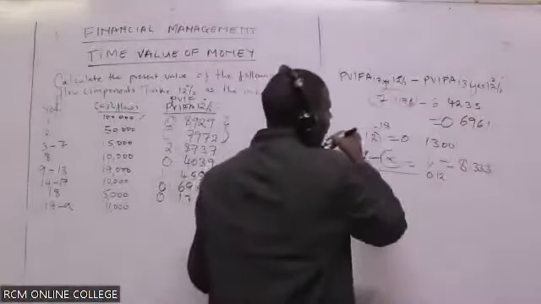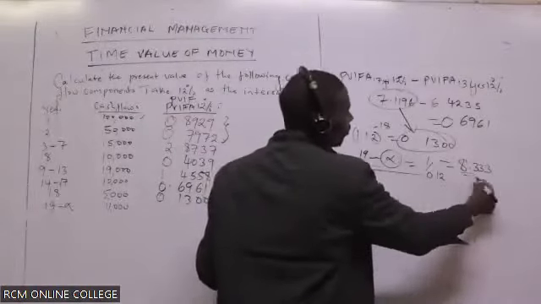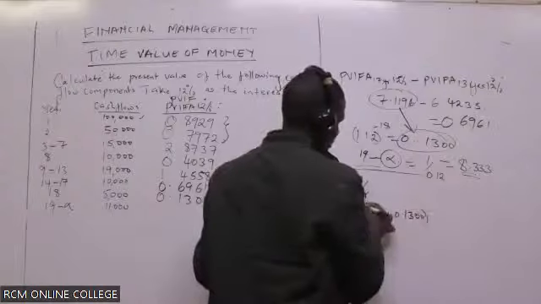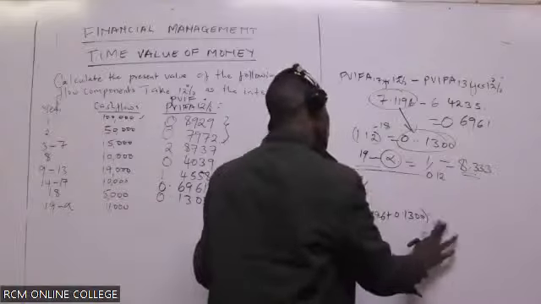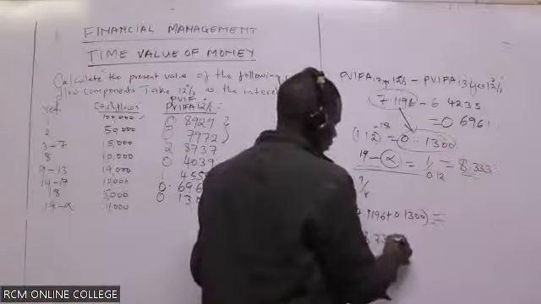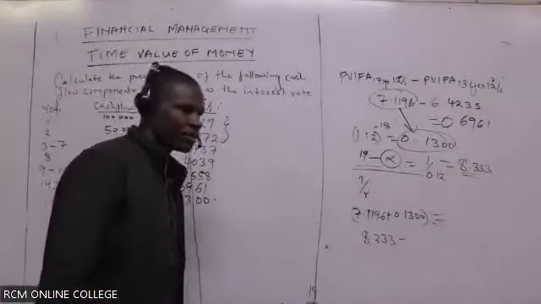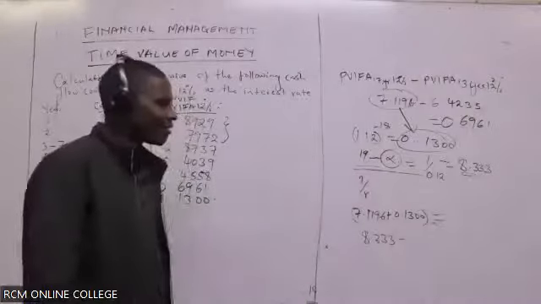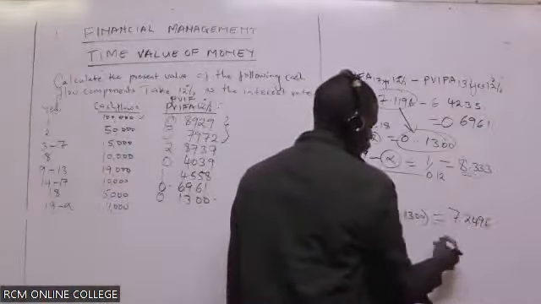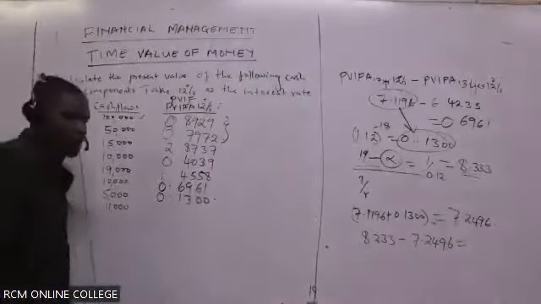The 17 years was this one, I add this of 18, so I have already got up to 18, then I subtract from 8.333. So I will be having 7.1196 plus 0.1300, and that one is for 18. You get something, then you say 8.333 minus what you get. Here we get 8.333 still. No, it will not fit. Give me 7.2496. So minus 7.2496. So class, get that and put it here. How much will it be?